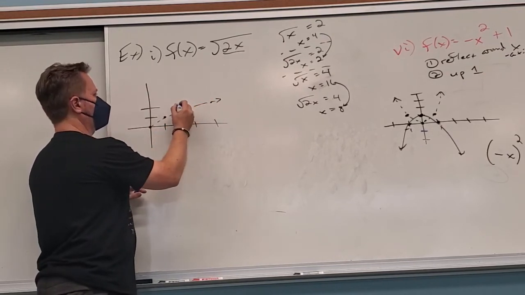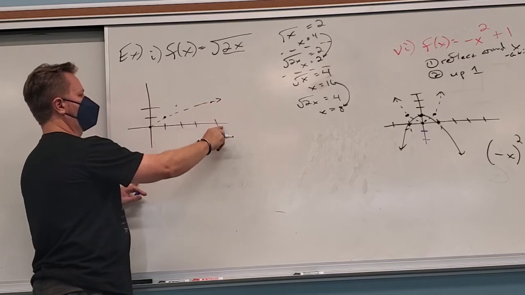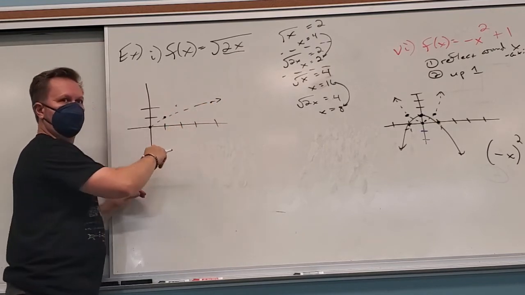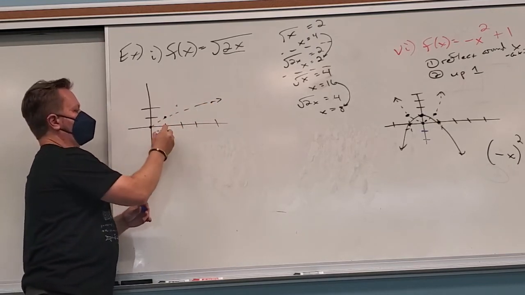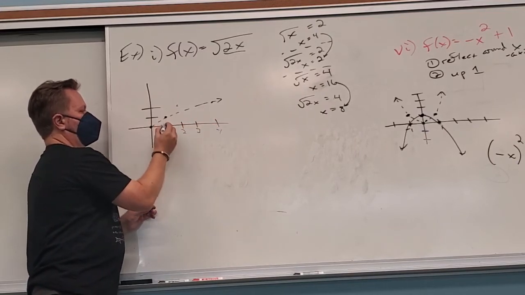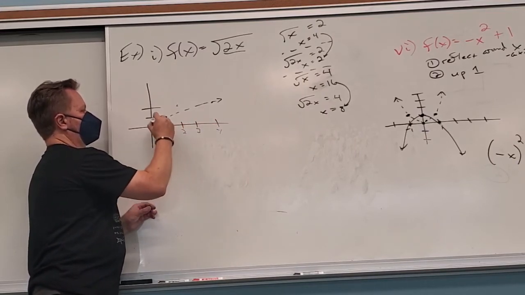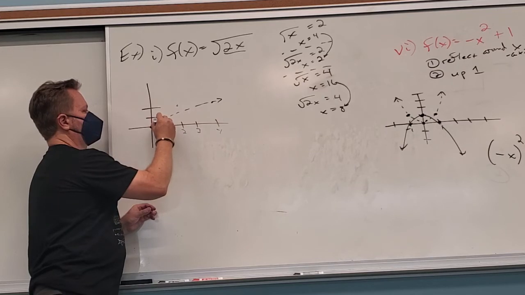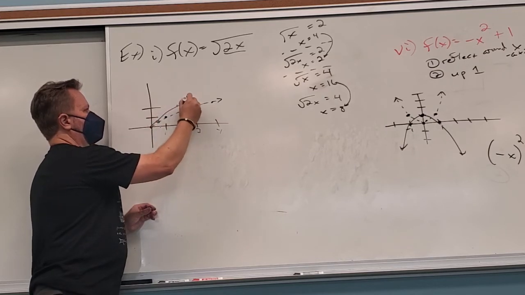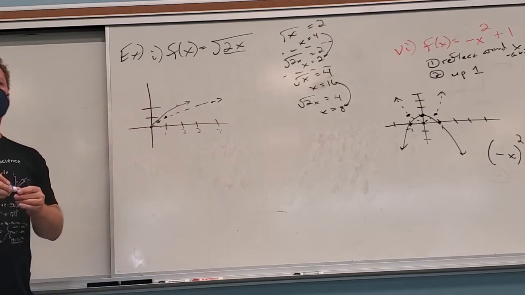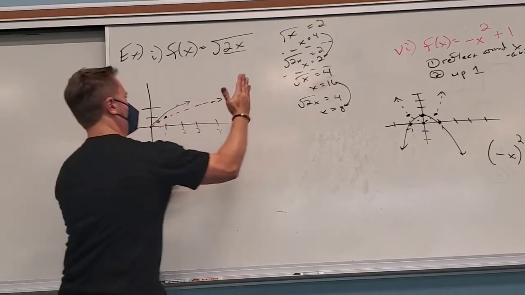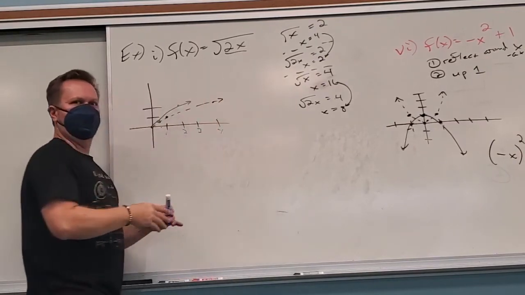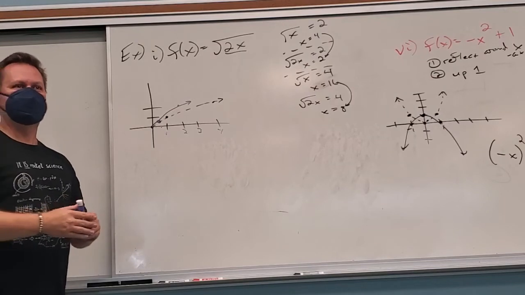So this actually goes here. It cuts in half. 4 cut in half is 2. What's 1 cut in half? A half. So now it looks like this. So doesn't it look like somebody did this? Yes? Somebody went there.